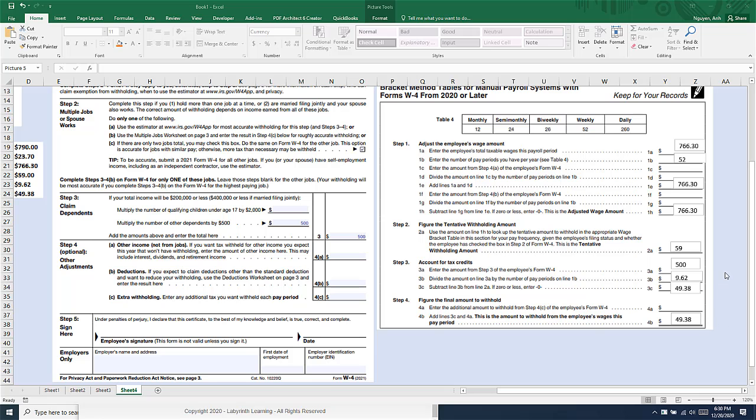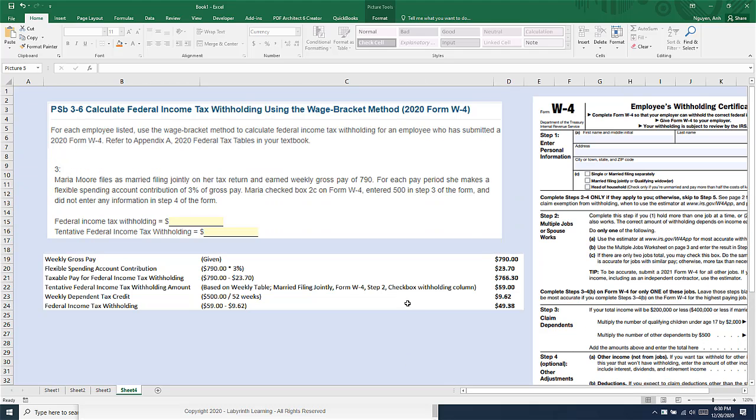Then we take the tentative withholding amount of tax, 59, minus $9.62 that we just figured out. It comes out to $49.38. And that is our tax withholding, $49.38. So this worksheet here does the calculation, and that's exactly what we had done before in the sample problem.